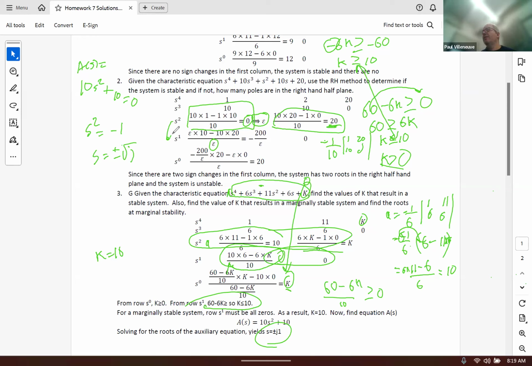Once I verify that the second coefficient in row S2 is not a 0, then I substitute E. So it's a multi-step process, right? Here's step 1, I got a 0. Then I go over here for step 2. I verified it's not a 0, and then step 3 is here. So you can't make it an E until you verify that you do not have a row of zeros.